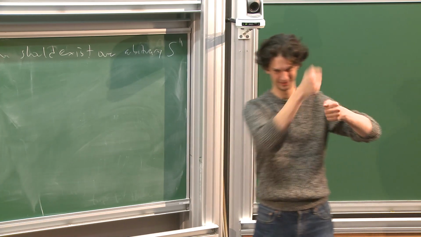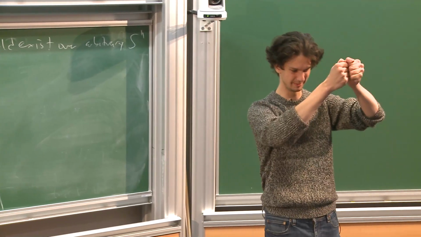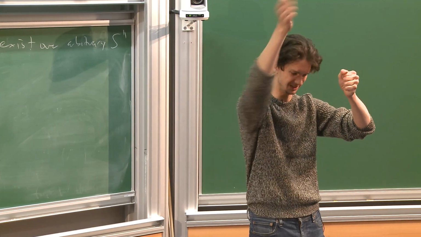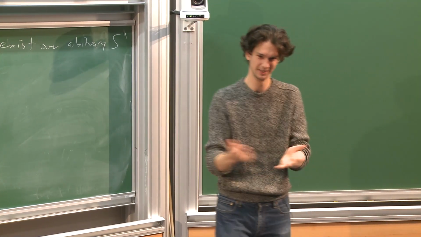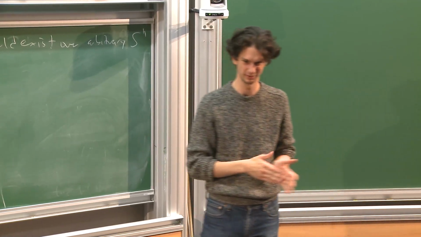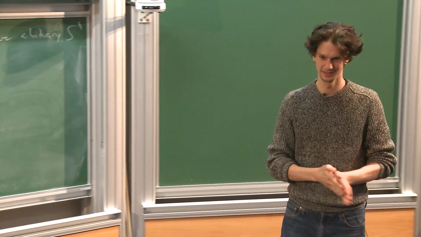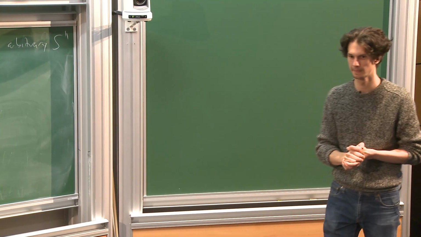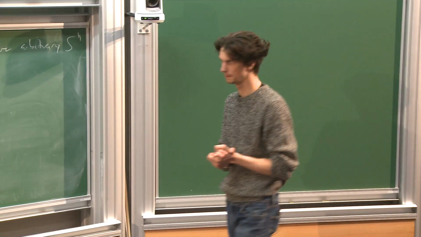You transfer via the Thom isomorphism up to the sphere bundle, apply Steenrod operations, then transfer back. Those are the Stiefel-Whitney classes. That was Thom's theorem. And they do appear in your story then?